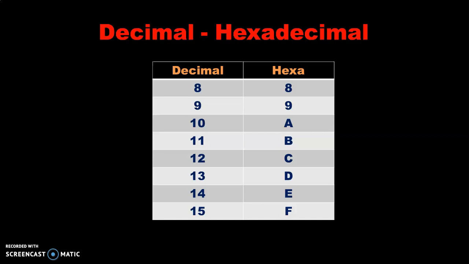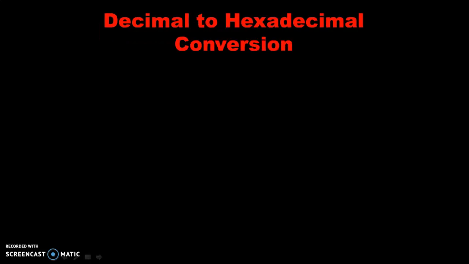When we go for 2 digits, in case of decimal number system, we start with 10, 11, 12 like this. But in hexadecimal, we have single digit numbers up to a total of 16. So after 9, we go for A, B, C, D, E, F like this.